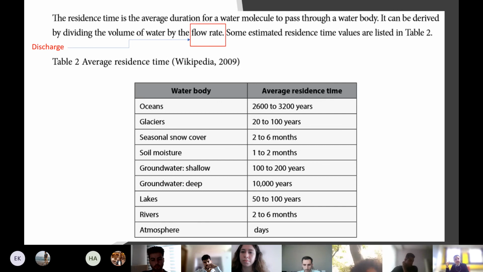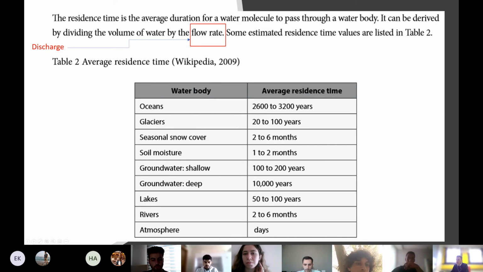Therefore, instead of change of the mass, we can say change of the volume of the water. If we talk about volumetric change, it is called discharge, not flux. This is the difference between discharge and flux, but both are the same thing. One shows change in the mass per time, the other, discharge, shows change in the volume per time. Both are flow rate.